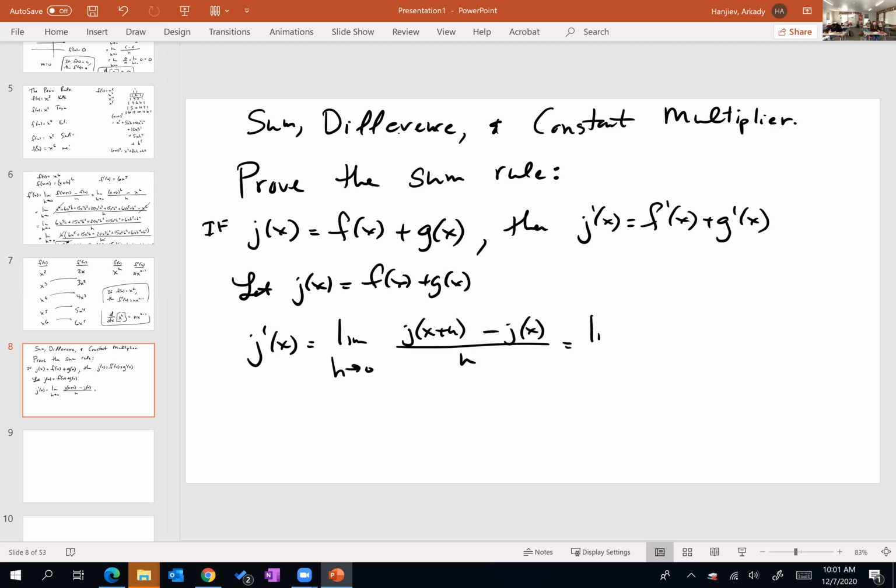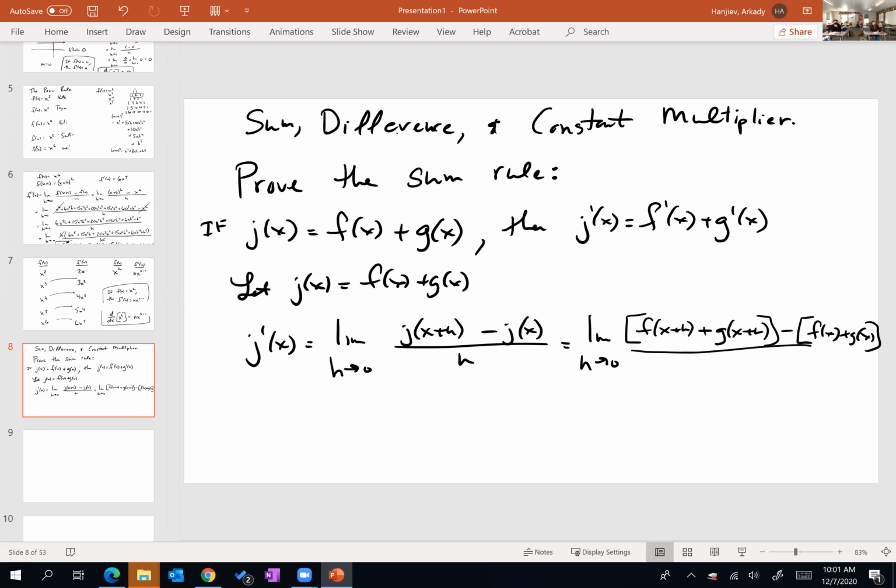Let's see if that's the case. Then it's the limit as h goes to 0 of, I think I'm going to put in brackets here, f of x plus h plus g of x plus h minus f of x plus g of x, all over h.